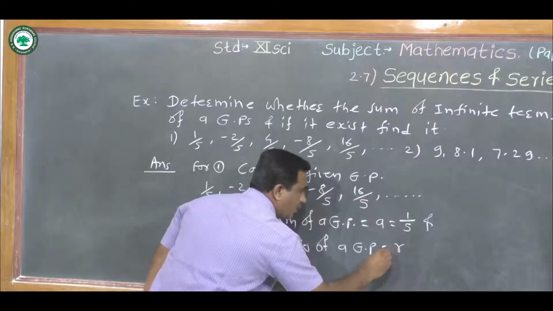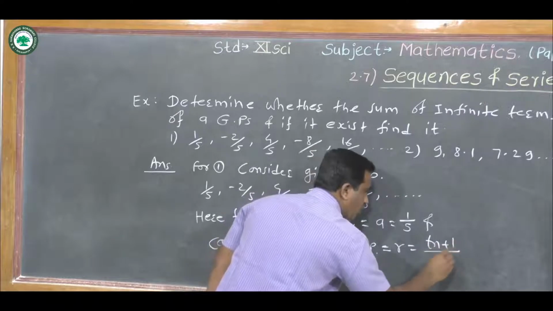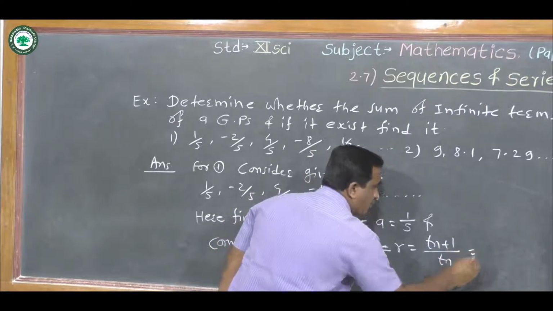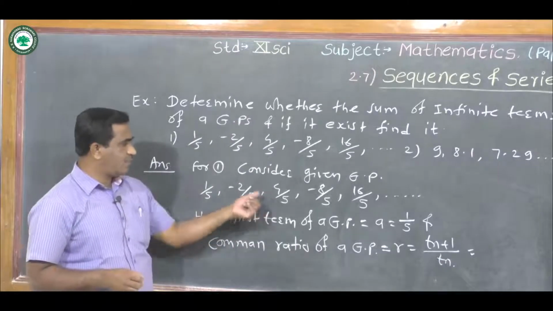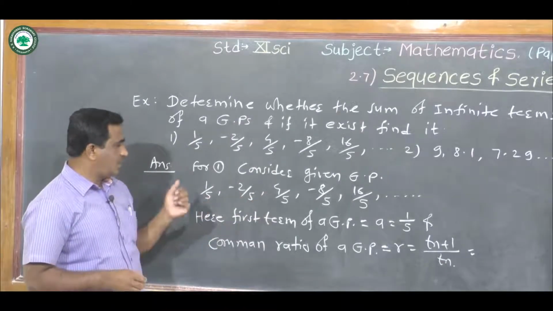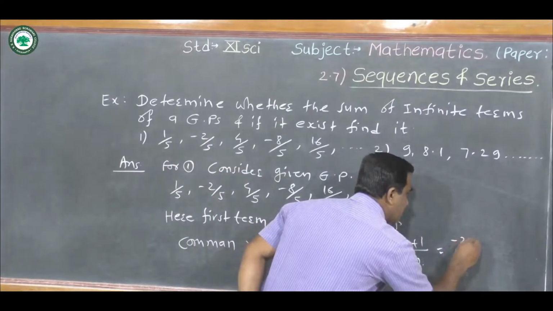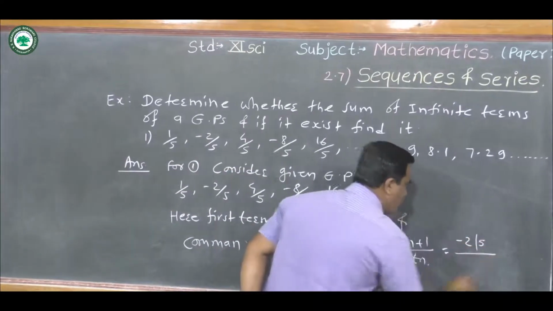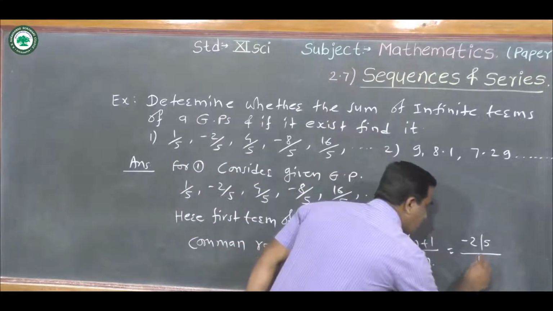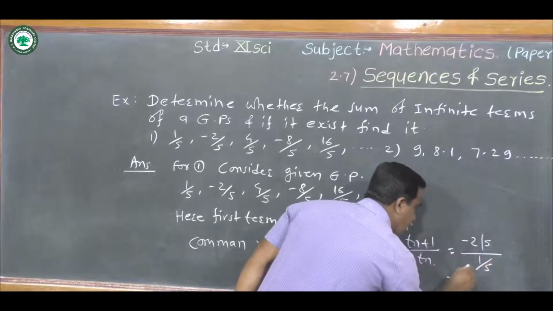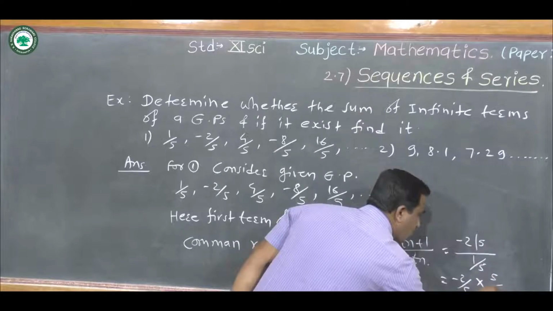which is R equal to Tn plus 1 upon Tn, meaning consecutive terms. So we can take these two terms, minus 2 by 5 and 1 by 5. Tn plus 1 means minus 2 upon 5, upon 1 by 5, which is Tn. Take the reciprocal of the denominator term, then we can write 5 upon 1.